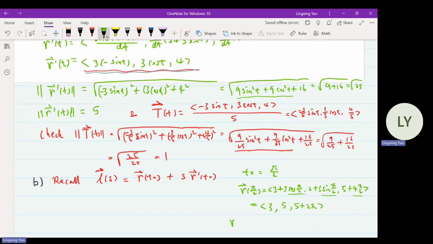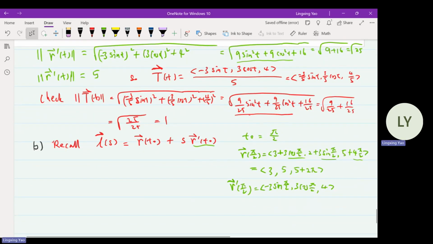And then we have to compute r prime of pi over 2, which has negative 3 sine of pi over 2, and 3 times cosine pi over 2, and then 4. Sine pi over 2 is 1, so this is negative 3. Cosine pi over 2 is 0. This is what we have.